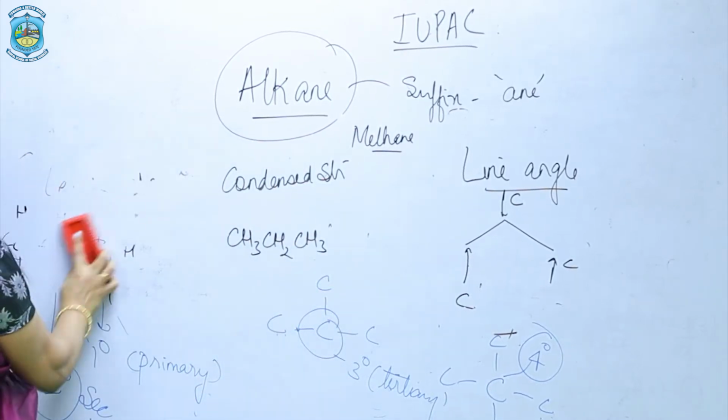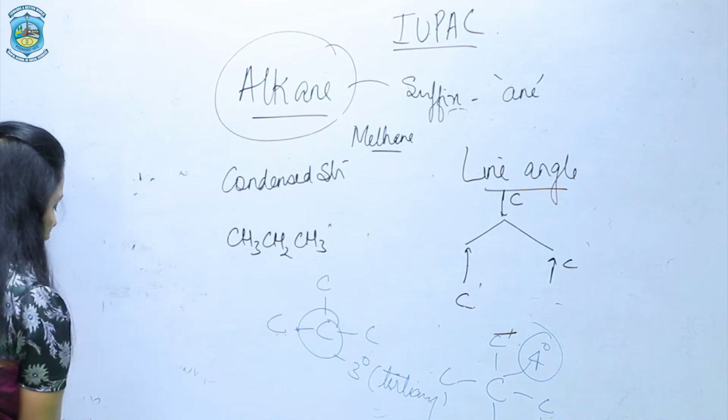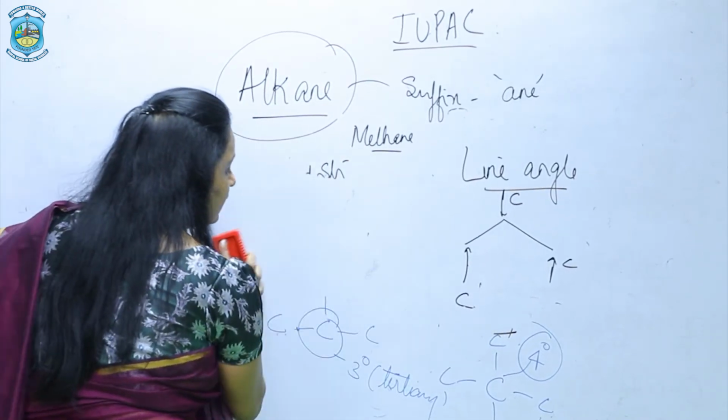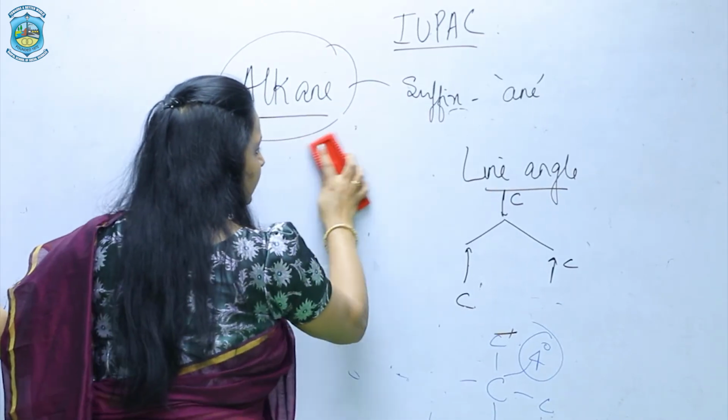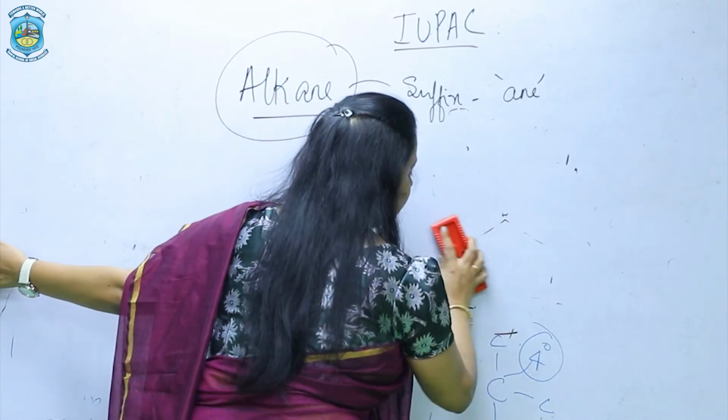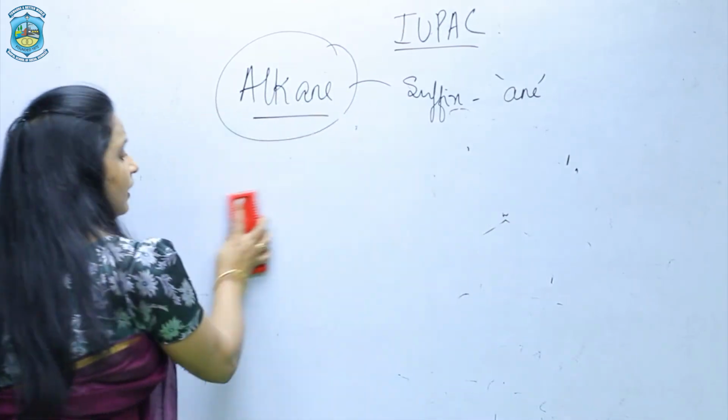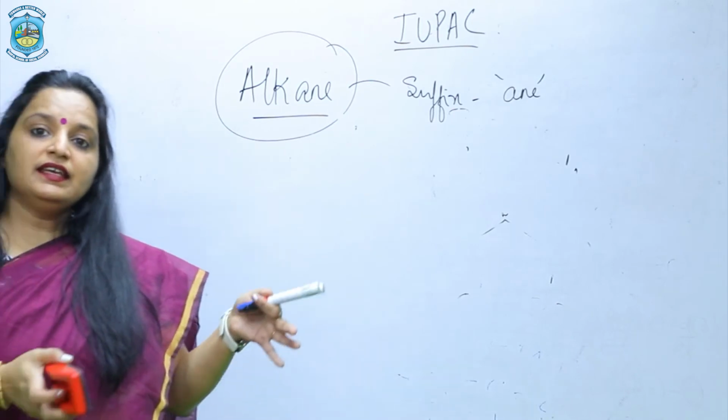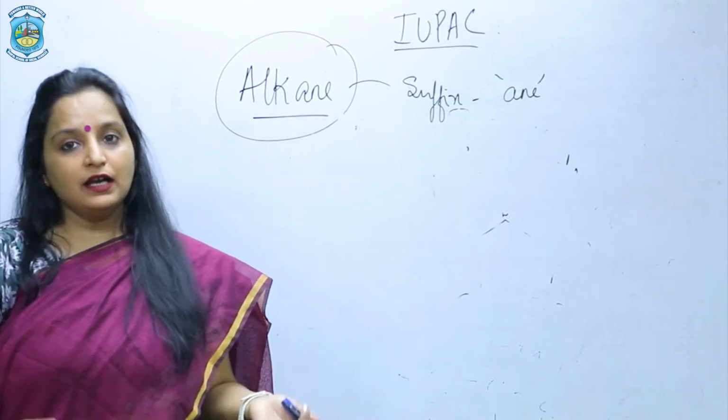Not only the 3D structure, we also have to know how these bonds can rotate, and we can have intermediate structures for a particular alkane, which can be stable or unstable.